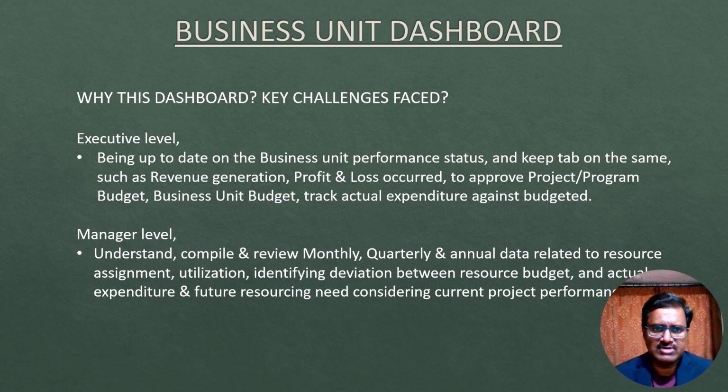At the executive level, it helps in being up to date on the business unit performance status and keeping tabs on the same, such as revenue generation, profit and loss occurred, to approve project, program, and business unit budgets, and track actual expenditure against the budget. So to answer these questions and address these challenges, the business unit dashboard is helpful.